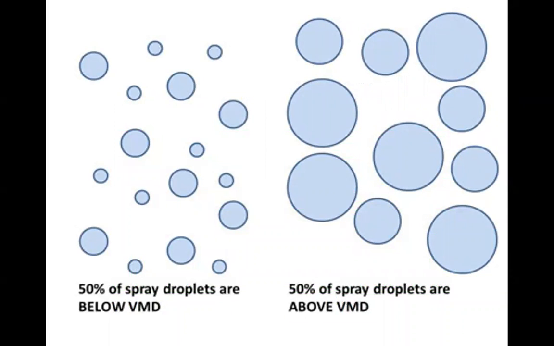And for every single nozzle tip out there, you always have a term called the medium droplet size. So you always have about 50% of the spray droplets bigger than the medium droplet size, and 50% of the droplets smaller than the medium droplet size. So every nozzle tip will create a combination of large droplets and smaller droplets.